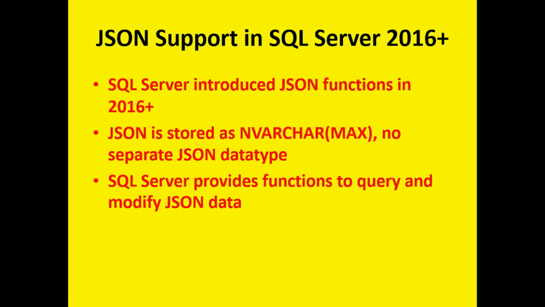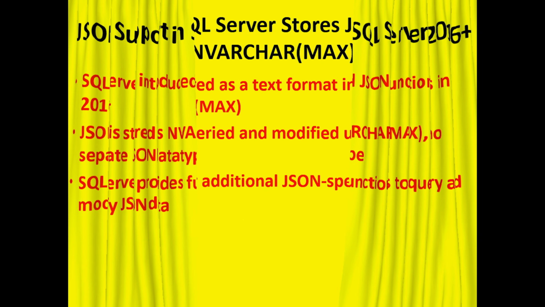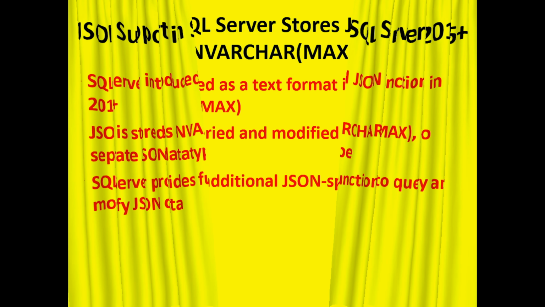If you have to work with JSON data, the data type is only NVARCHAR(MAX), and SQL Server already has many functions to support JSON data. It was introduced in SQL Server 2016 plus versions. So that is about the JSON data type.